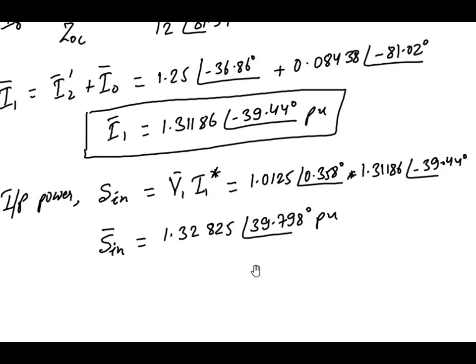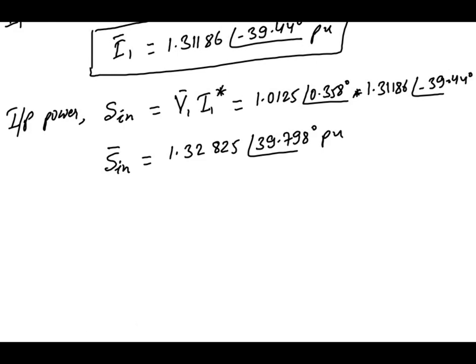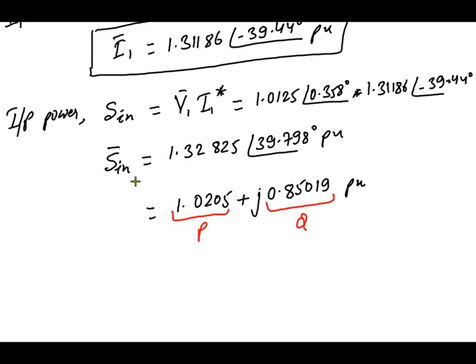Let us change it into A plus jB form so that we can get P and Q. If we change this value into A plus jB form, it will be 1.0205 plus j0.8501. So this will be the P and this will be the Q, and obviously since this is input, this is input power P and this is input power Q. We have to calculate only P, so this is the value of P in per unit.